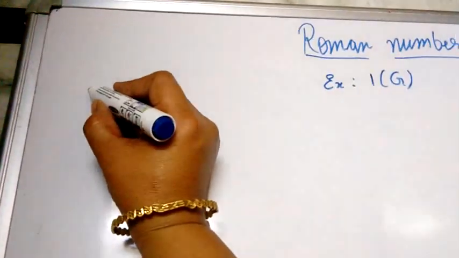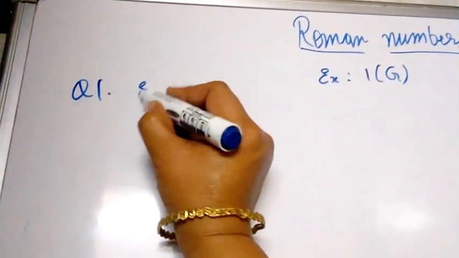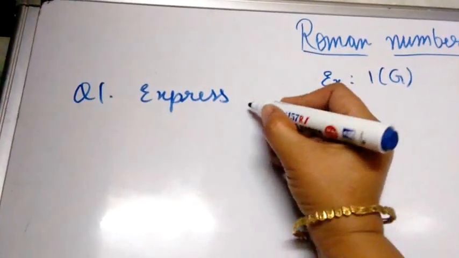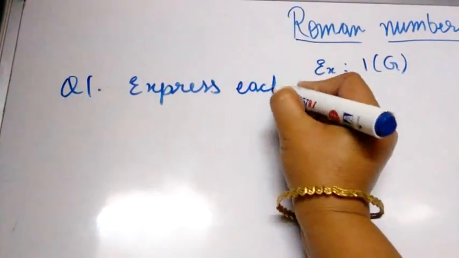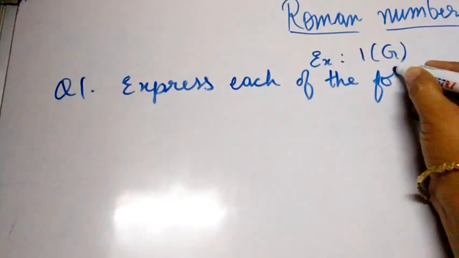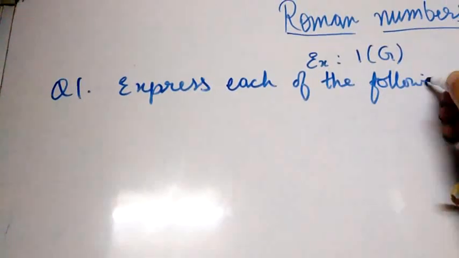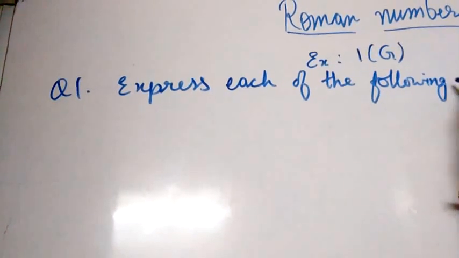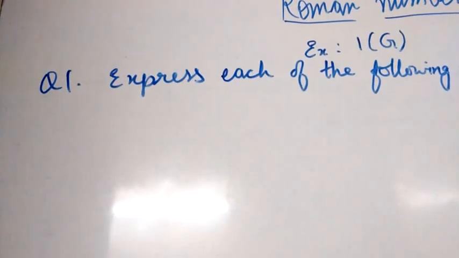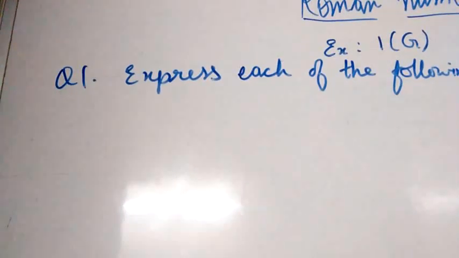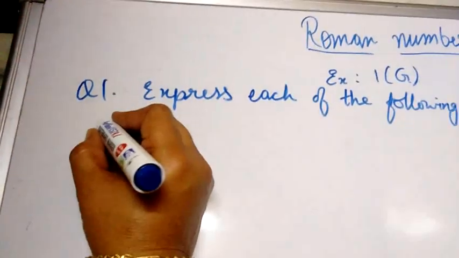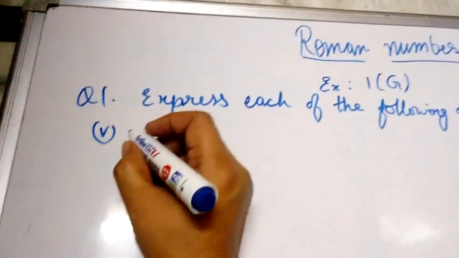Question number 1 is express each of the following as Roman numerals. We'll start writing from fifth part.